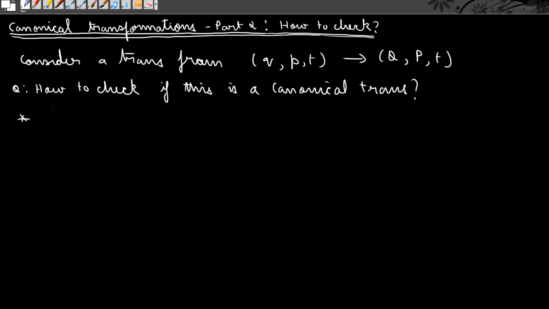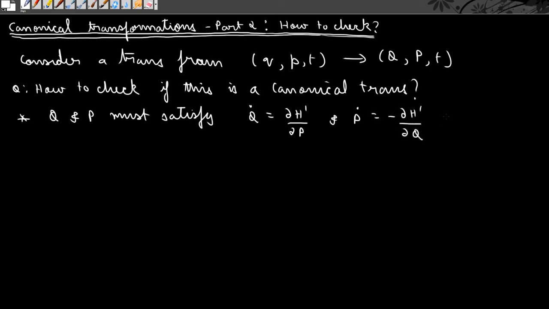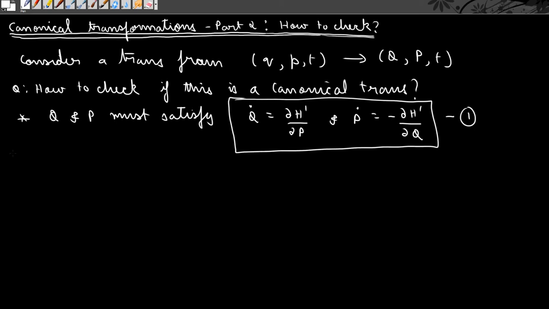as we defined earlier, canonical transformations are those which preserve the form of the Hamilton's equations, which means that our new coordinates and momenta must satisfy the equations q dot equal to dou h dash by dou p and p dot equal to minus dou h dash by dou q. Let me call this equation 1, both of these.